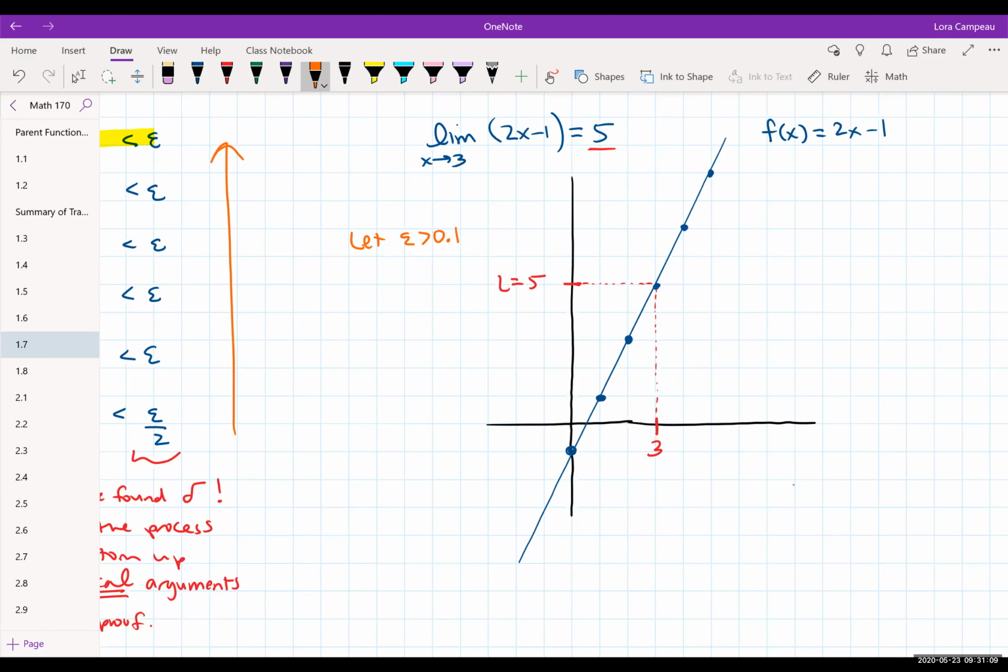We talk about 5 plus 0.1, and here I'm going to exaggerate, even though it's not quite to scale. That's going to give us 5.1 on the higher end of the limit, on the y-axis, I should say. And on the lower end, same distance away, that's going to give us 4.9. 5 plus 0.1, 5 minus 0.1. So again, we have the exact same distance. Let me mark this a little bit. We have epsilon distance from 5 to 5.1, the same epsilon distance from 5 to 4.9.